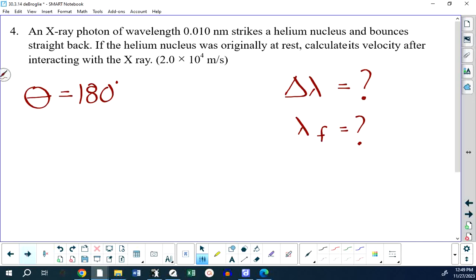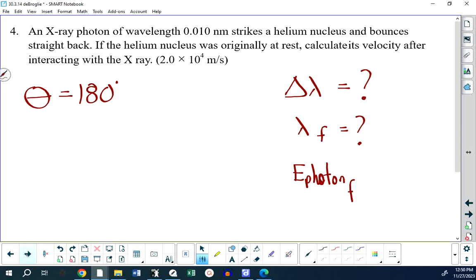Instead of asking you for either of those, I could ask for the energy of the photon afterwards, which is a typical kind of question. But to find the energy of the photon after, you need to know the wavelength after, which means you need to be able to calculate the wavelength shift. So do you see what's going on here? Anything at the bottom of the list requires that you calculate everything above it.